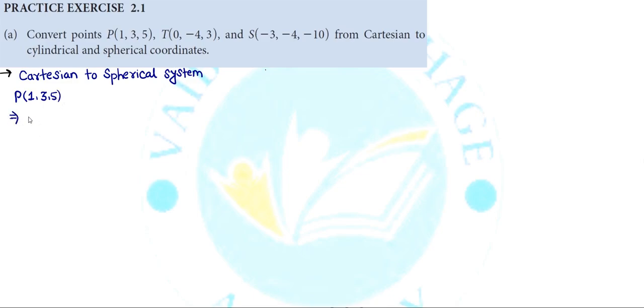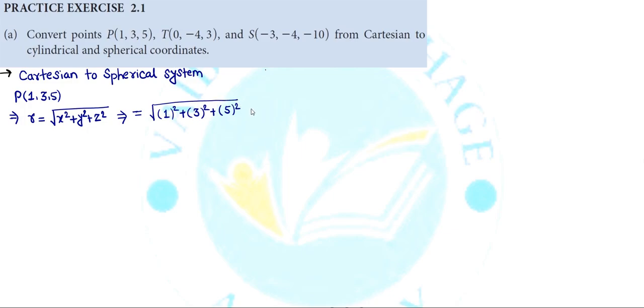So we have r, in terms of your Cartesian coordinate system, to be the square root of x square plus y square plus z square. If you put the values of x, y, and z over here, what will we have? The square root of x square, which is 1 square, then y square, which is 3 square, and z square, which is 5 square.